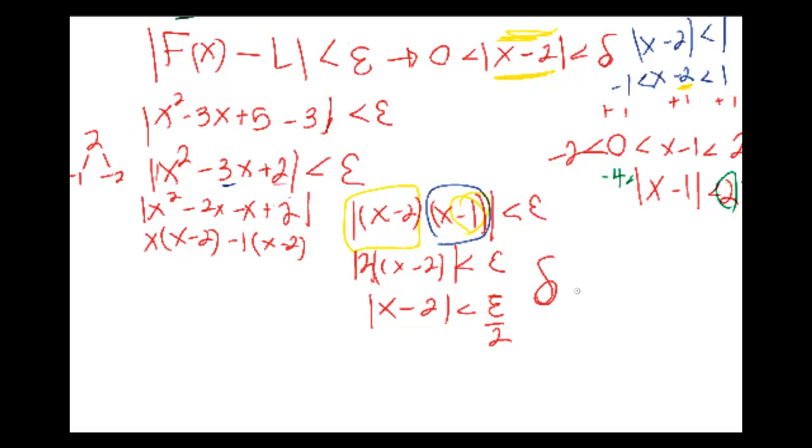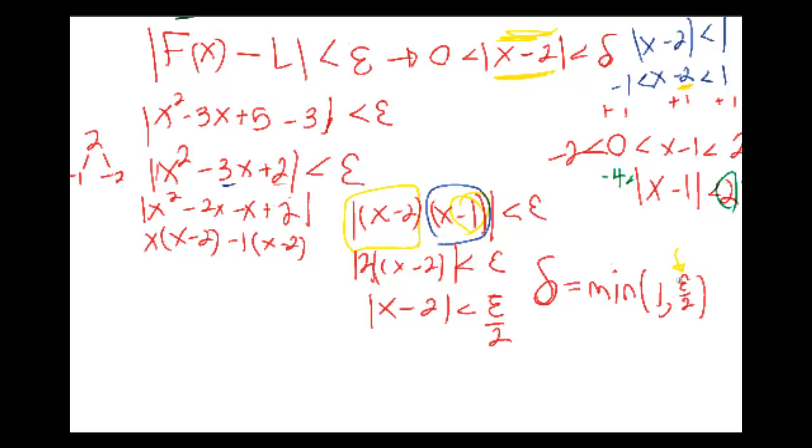But since we picked an arbitrary value of 1 for delta earlier, to find that new delta, we have to use what's called the min function. The min function's job is to pick the smaller of the two choices. So depending on what epsilon is, you end up with either 1 or epsilon over 2.